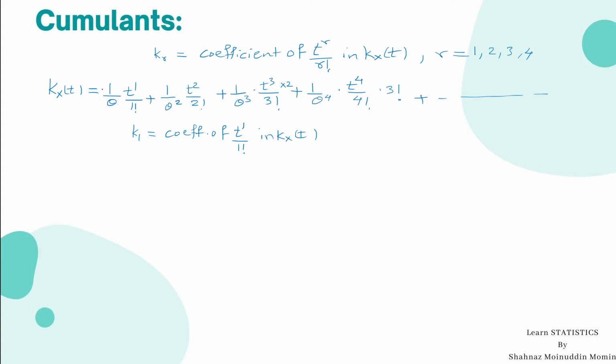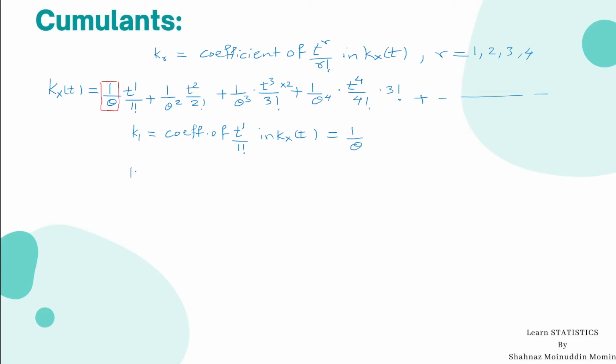See here in the expression, the coefficient of t raised to 1 by 1 factorial is 1 upon theta. So k1 is equal to 1 upon theta. The first cumulant is 1 by theta.